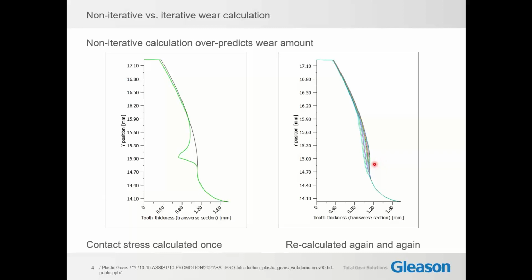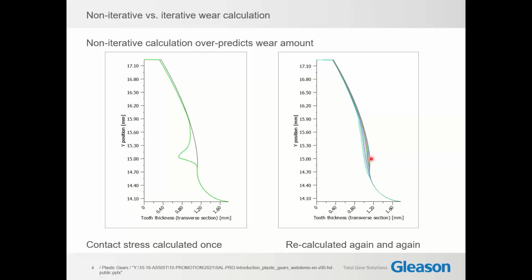This means in a first calculation, we calculate the true stress distribution on the original tooth form and allow some wear, just a few microns, for example, 10 microns.